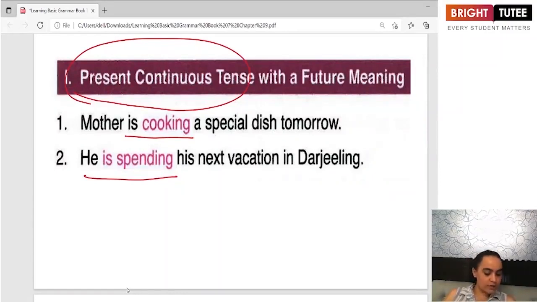And when do we do that? We do that when we know that the action has been arranged. So, we can use the present continuous tense for the future continuous tense also.